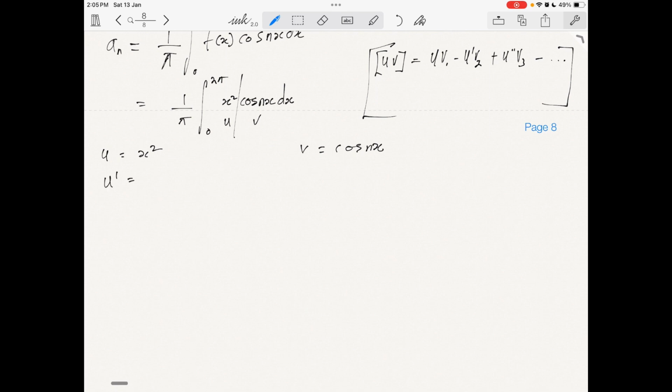Now u prime is equal to 2x, u prime prime, that means we are differentiating 2x again, gives us 2, and u prime prime prime will give us 0.